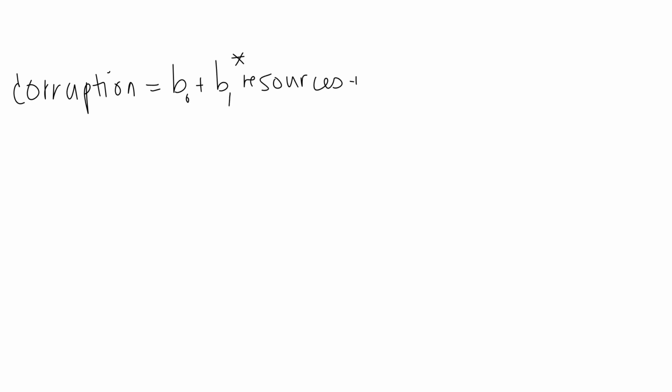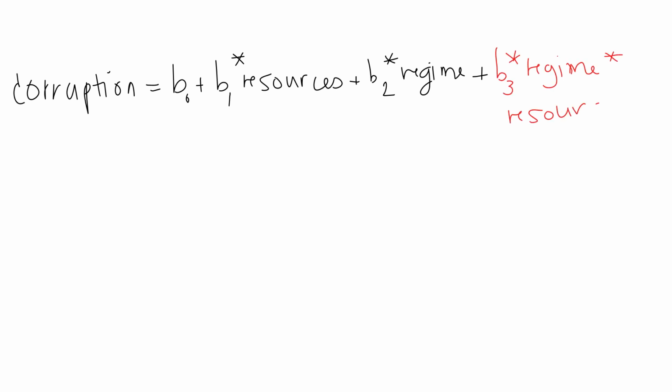Again, corruption equals B0 plus B1 times resources plus B2 times regime, and then we add another term, the interaction term, in the following form: B3 times regime times resources.